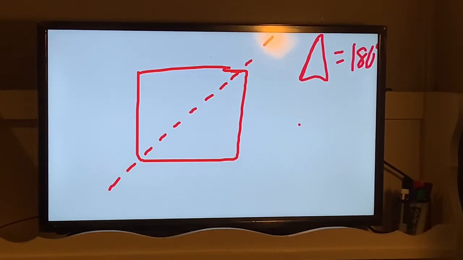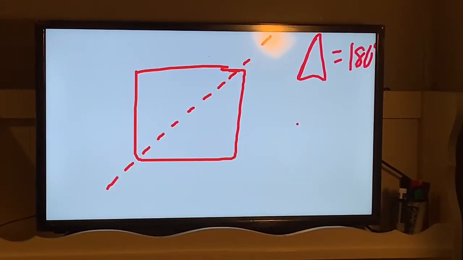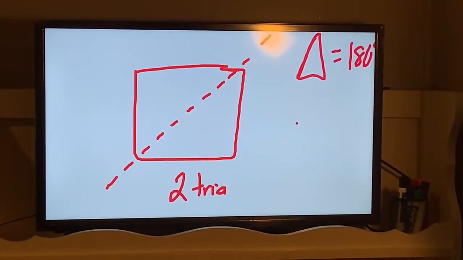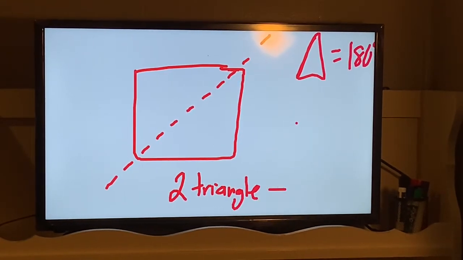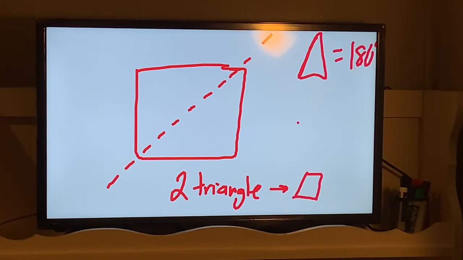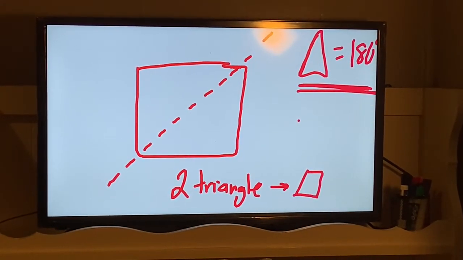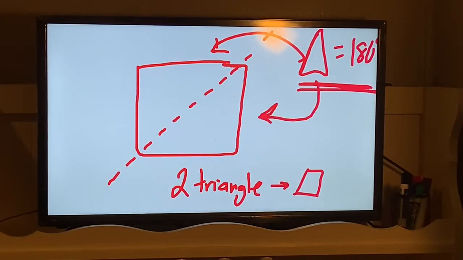Hope you guys are all screaming at me that there's 2 triangles in this square, right? So if we know that a triangle is 180 degrees, then go ahead and connect that to this square.